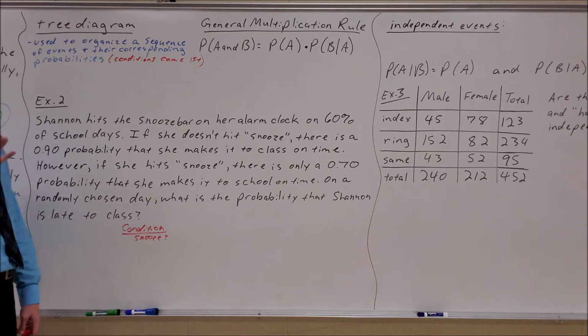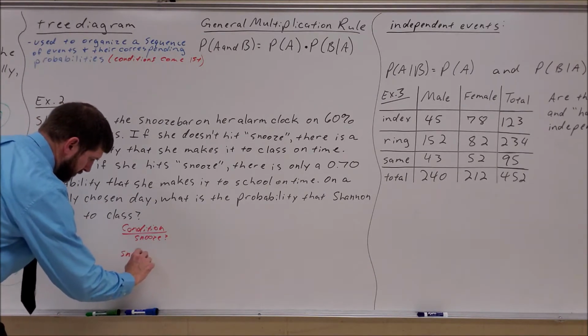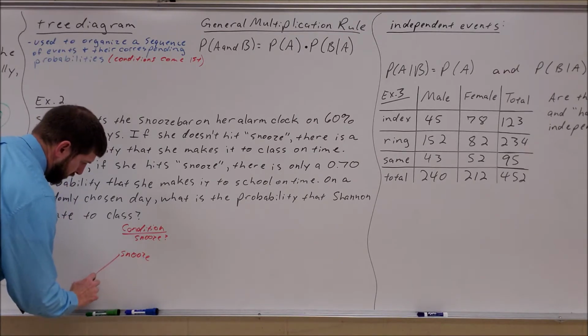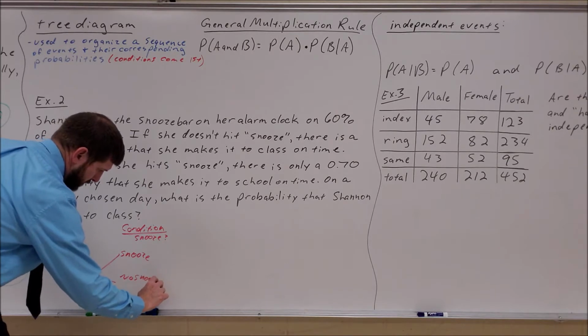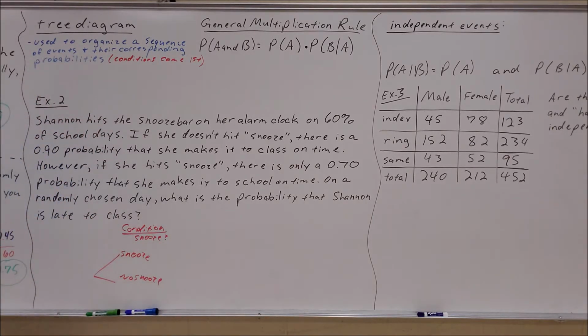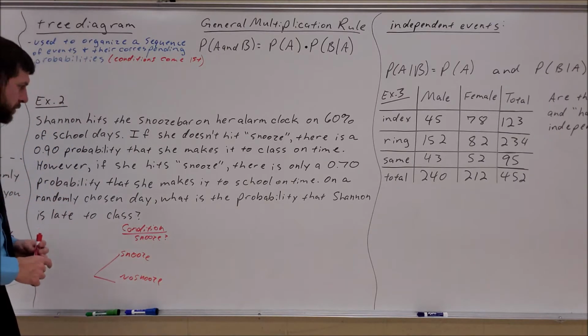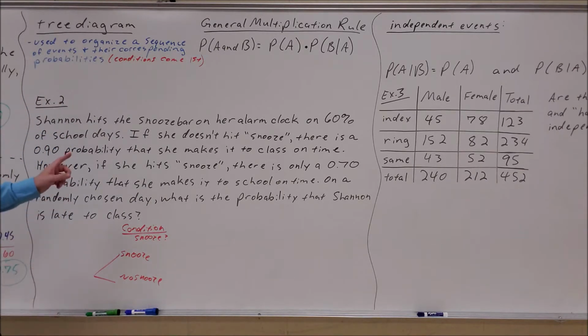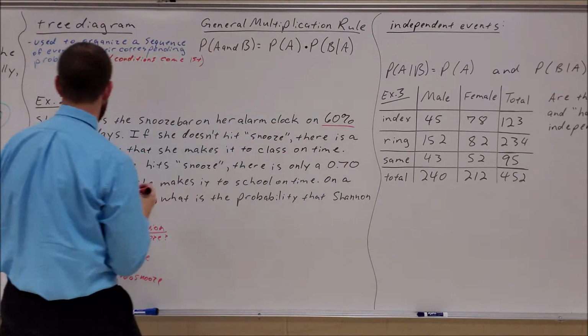So what were the two possible outcomes? She could snooze or she could no snooze. That's the condition, and those are the two possible outcomes of that condition. What are the related probabilities? How often does she hit snooze? It says Shannon hits the snooze bar on 60% of school days.